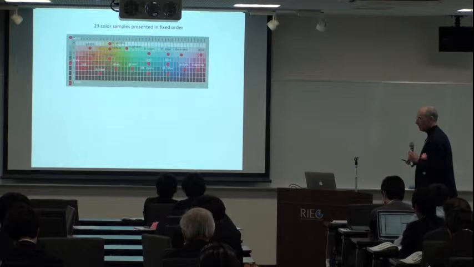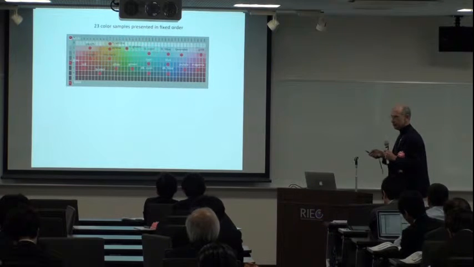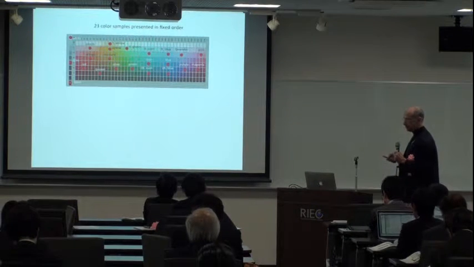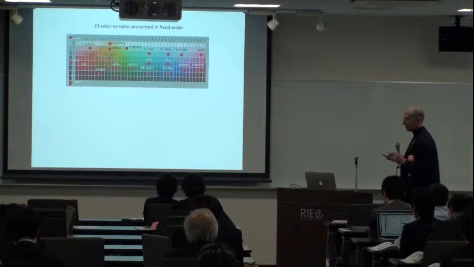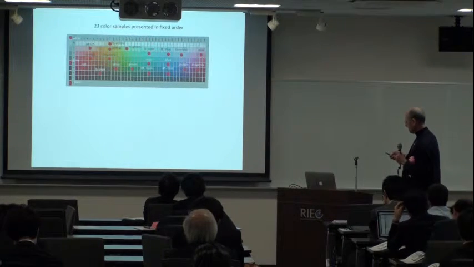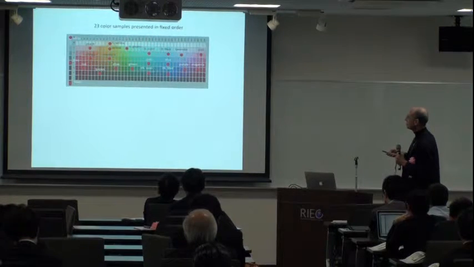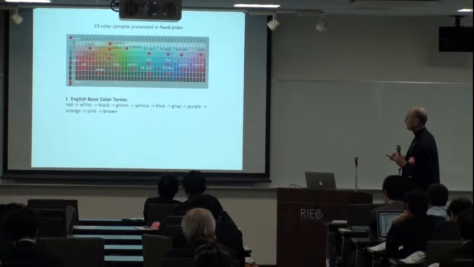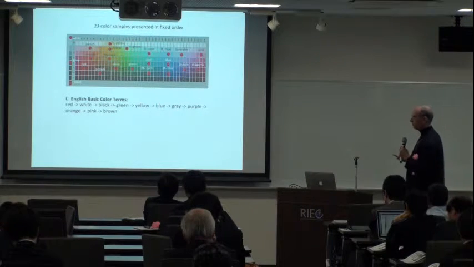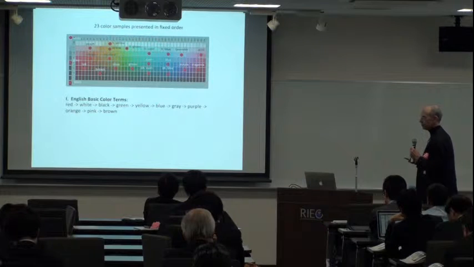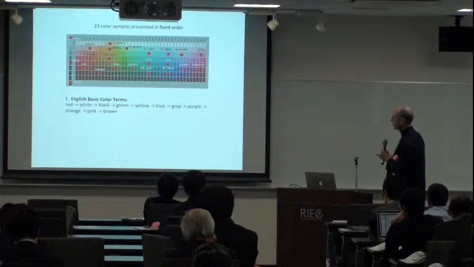And in order to deal with the vicissitudes of measuring color naming out in the field, literally, instead of having people name this wide range of colors, which is represented on the chart, we picked just a small sample of 23 colors. These represented best examples of the English basic color terms that I showed you a little bit earlier on.